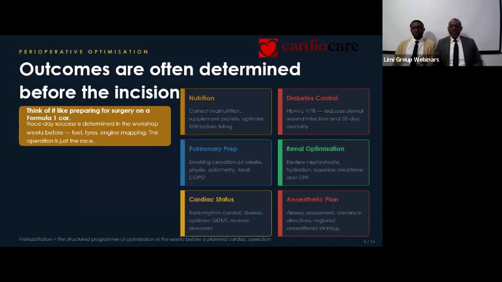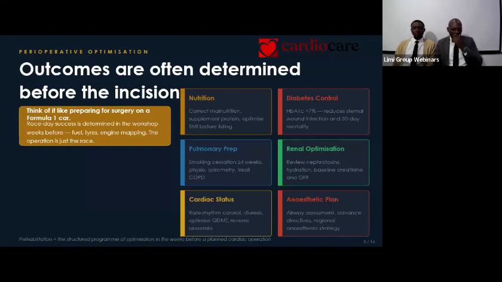So you don't want to put the patient on the ventilator, do a fantastic major aortic procedure, and post-operatively, you can't get the patient off the ventilator. That's a no-no. It should never happen. So you pre-operatively prepare the patient's respiratory tract for all of the insults that it's going to receive.